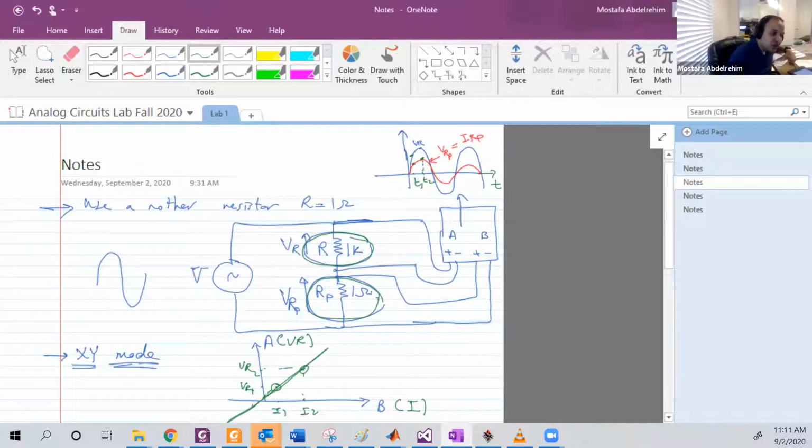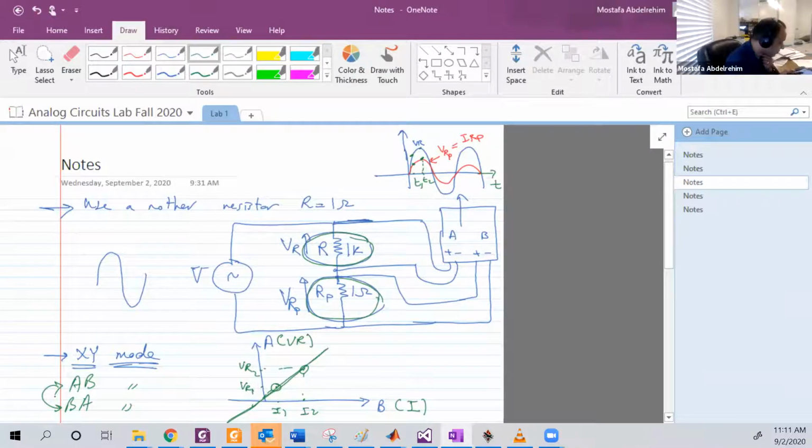But if you set the oscilloscope in XY mode, sometimes called AB mode or BA mode, BA mode is different from AB mode in which signal is on the x-axis and which is on the y-axis. Both are the same, we just flip the axes, the one on the horizontal axis and the one on the vertical axis.